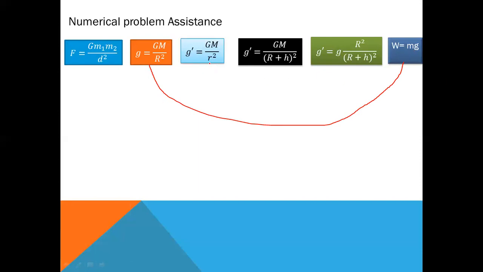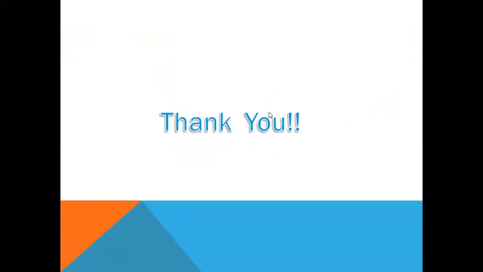And this formula gives acceleration due to gravity at certain height from the center of the planet. In this case, mass of the planet and radius of the planet and height from the surface of the planet will be given. And in this case, acceleration due to gravity on the surface will be given, and you have to calculate acceleration due to gravity at certain height, but mass of the planet will not be given, but rather this value will be given. Thank you.